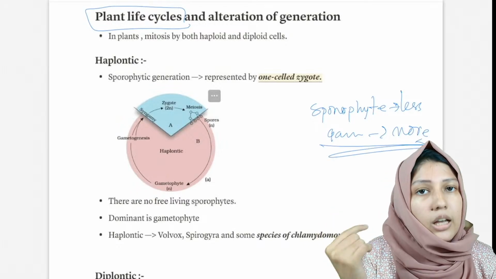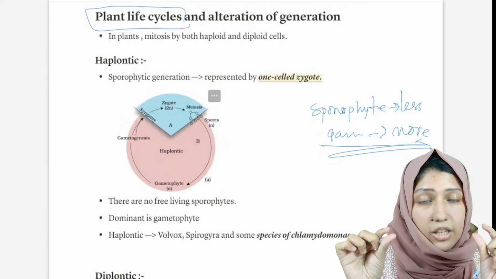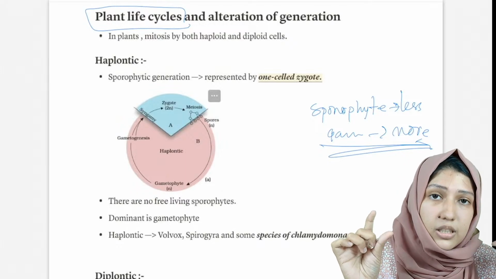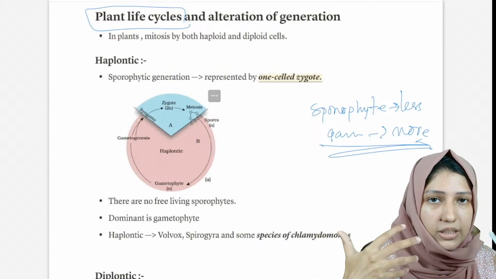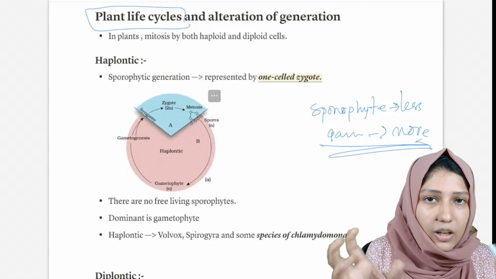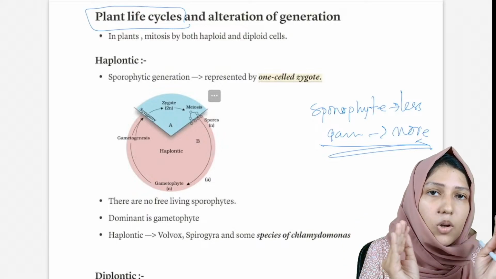If the reverse happens, where the gametophyte stage is less and the sporophyte stage is large, then it is diplontic. If both the stages are equally present, then it is haplodiplontic.